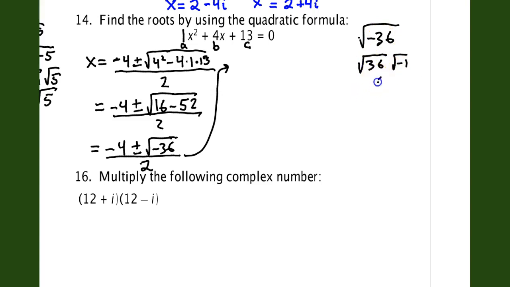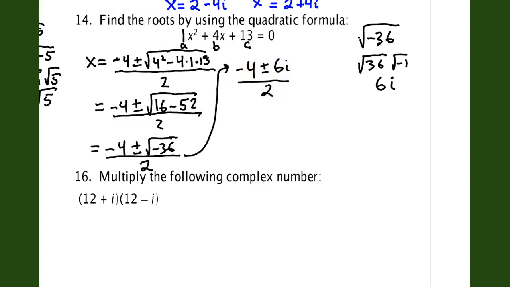Square root of 36 is 6, and the square root of negative 1 is i. So we'll just have plus or minus 6i. So we'll have negative 4 plus or minus 6i all over 2.